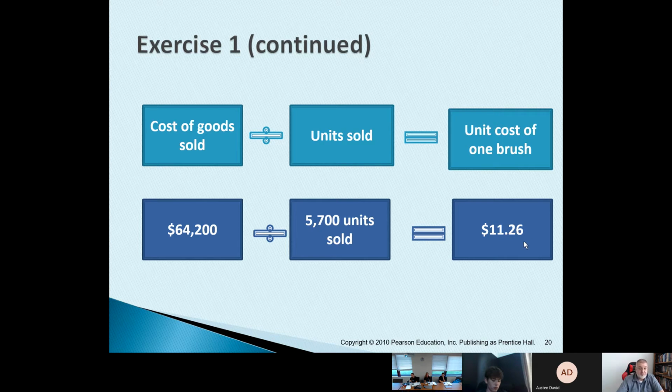Now, we might have been selling those brushes for $20 a brush, or $15 a brush, or $18 a brush. Okay, this isn't how much we sold them for. This is how much it cost us to do it. Okay, so the total cost divided by the number of times you did it gives you the cost per unit.